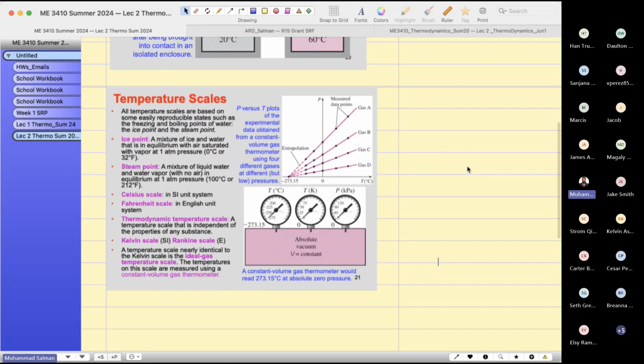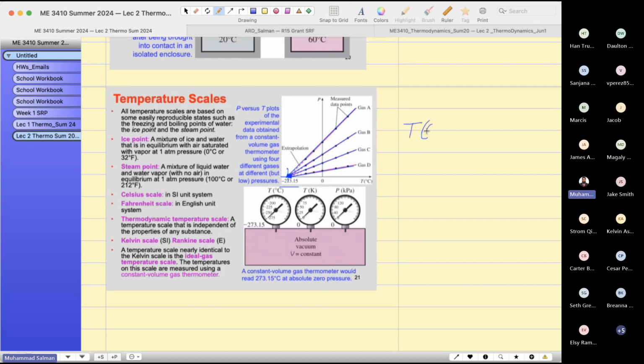As you can see, if we extend these lines, they meet for every gas, like nitrogen, argon, and water vapor. They join at a certain extended point on the x-axis, which is negative 273.